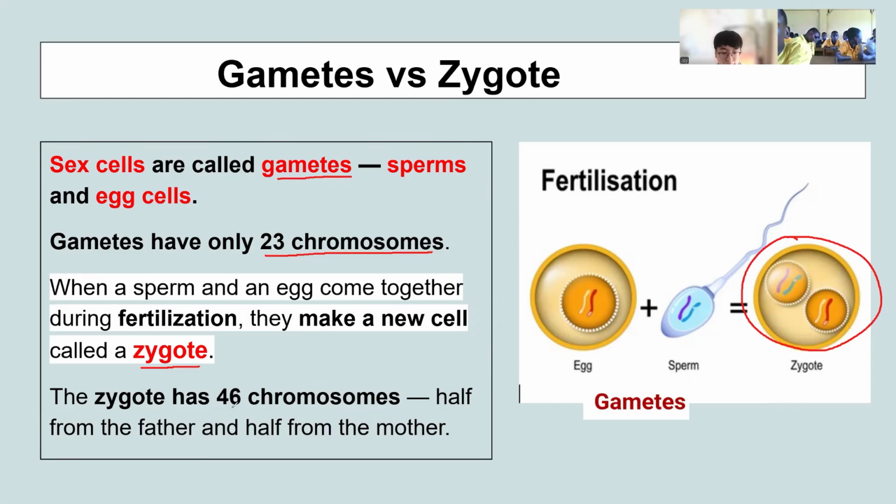Zygotes have 46 chromosomes. So half is from the father and the other half is from the mother. So gametes, remember, are sperm and eggs. They have 23 chromosomes. And when they combine by fertilization, they have 46 now. A cell has 46 chromosomes. Right.